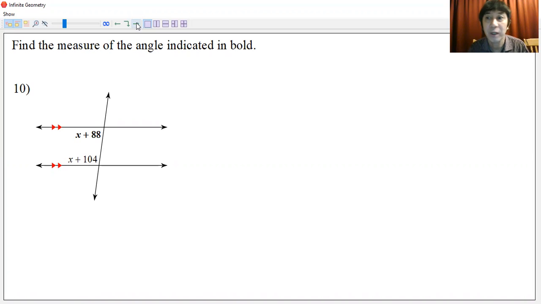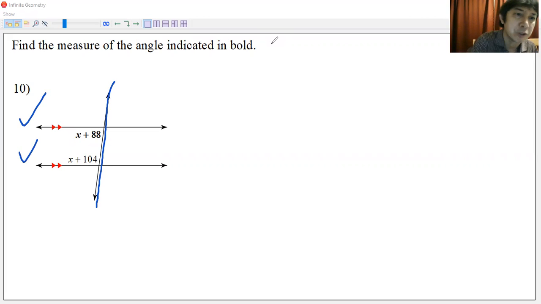Only when the lines are parallel. So again, if parallel lines have a transversal, then interior angles on the same side of the transversal are supplementary. Supplementary means the total is 180. That means this angle plus this angle, when added, equals 180.